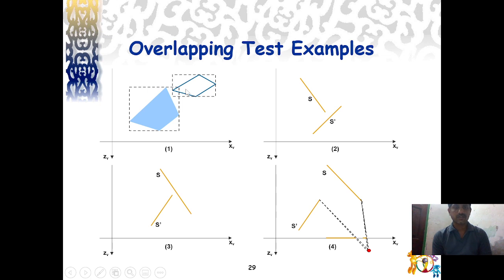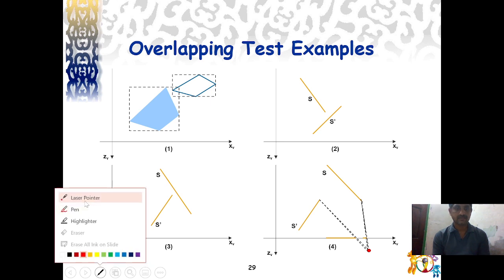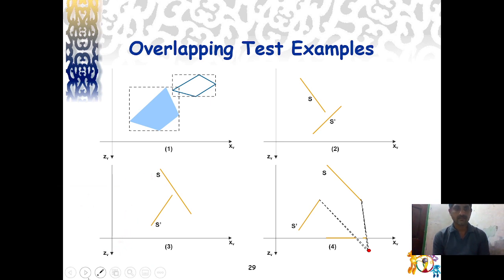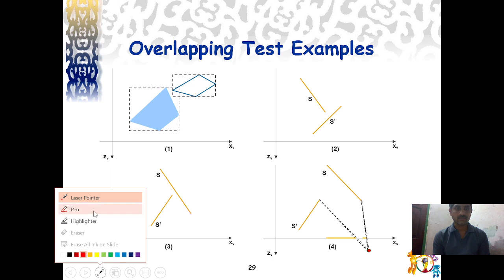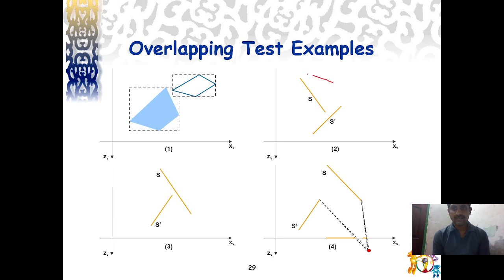See, for example, here we take S and S dash, and if there is no overlapping, S is completely behind S dash, and here S dash is completely in front of S. If there is any overlapping in the first, then go for the second.